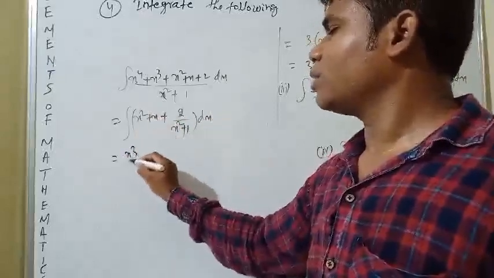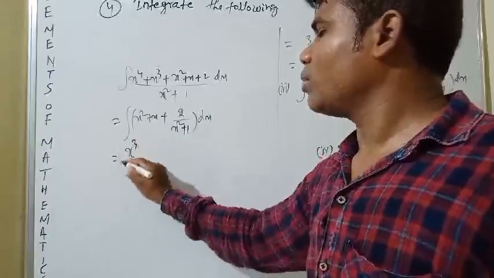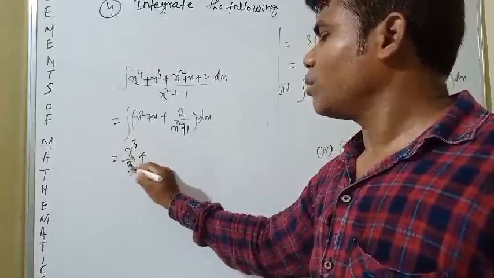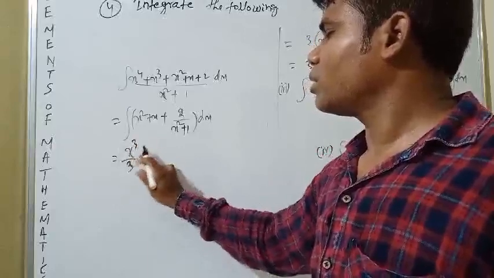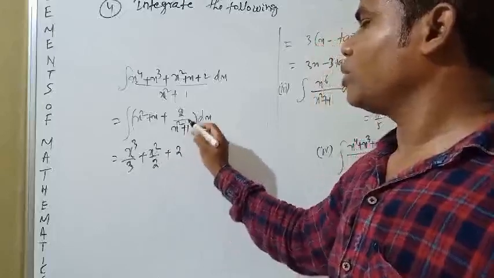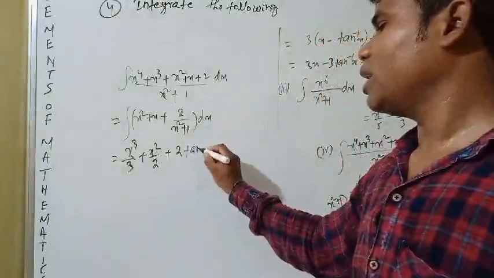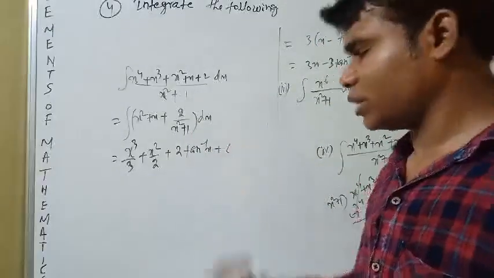This is equal to x cube by 3 plus x square by 2 plus 2 into, you see 1 by x square plus 1, that is tan inverse x plus c.